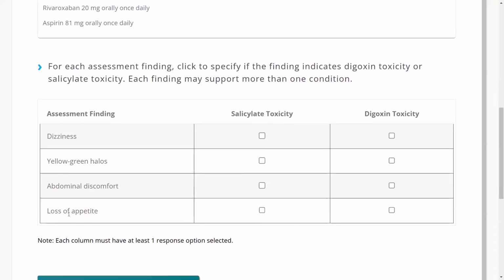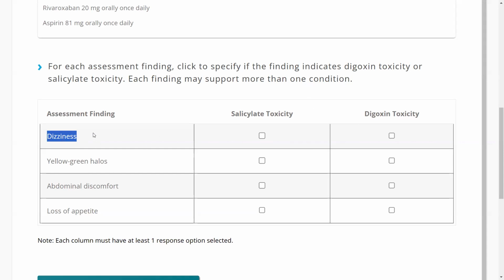Well, let's walk it out. We've got 4 findings. For dizziness, I want you to put whether it is a symptom or assessment finding that aligns with a person who has aspirin toxicity or digoxin toxicity. It could be either, or it could be both.